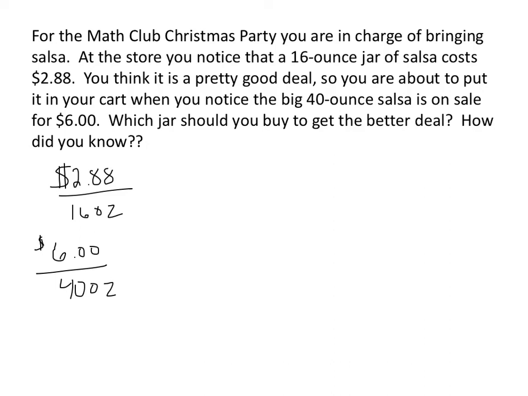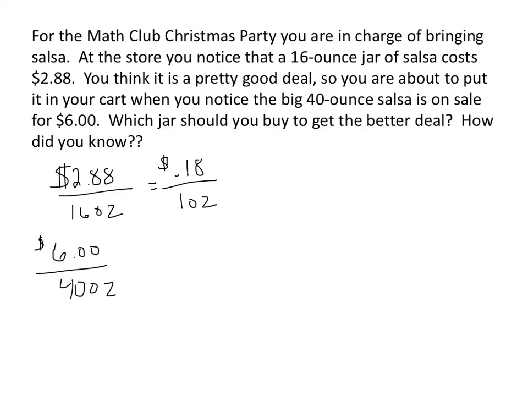So what I'm going to do is change these into their unit rates, meaning I'm going to take 288 and divide it by 16 ounces, which is 18 cents. So I'm paying 18 cents for 1 ounce of salsa with the first jar.